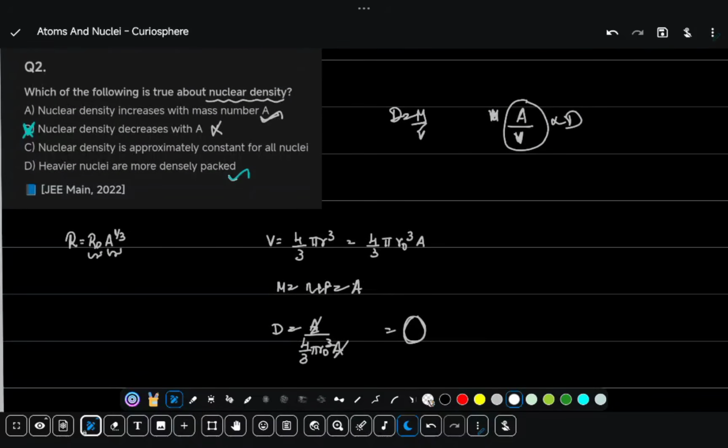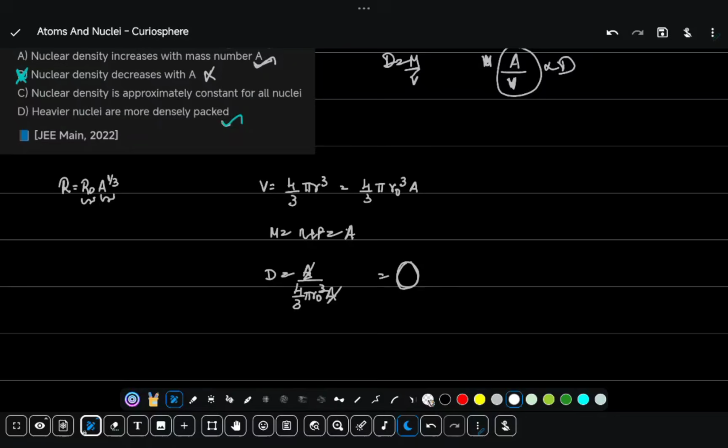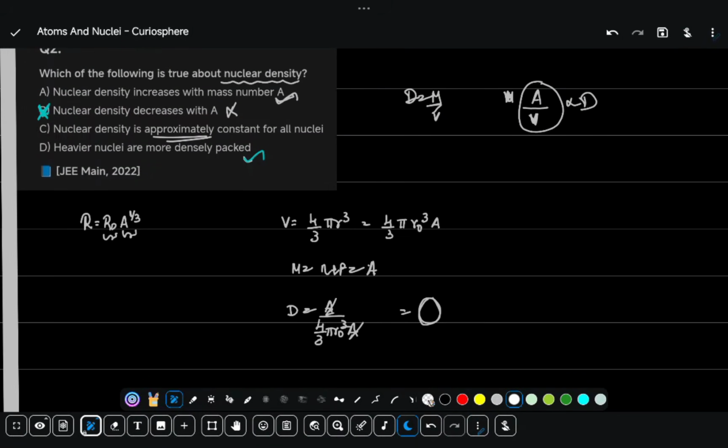So density is approximately constant because R naught is a constant of proportionality, but every atom has its own; in some places the number of neutrons is more than the number of protons, so the nucleus is unstable and it may expand or contract, radioactive decay may happen, right? So this is only approximately constant, right? If you have further doubts, you can come to me. So our answer is option C, right? Our answer is option C.